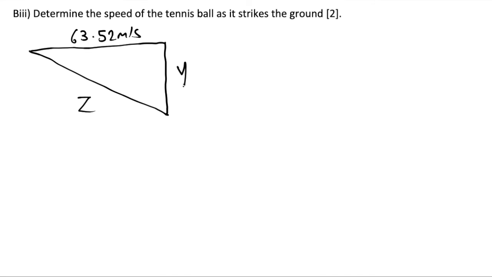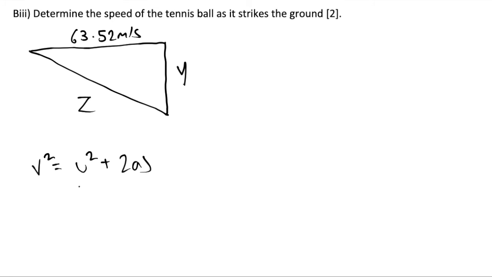So let's call that vy. So how do we calculate this final vertical velocity? Well, we have to use one of our timeless kinematic equations. This timeless kinematic equation we can use is v squared, which is just our vy squared, is equal to u squared plus 2as.